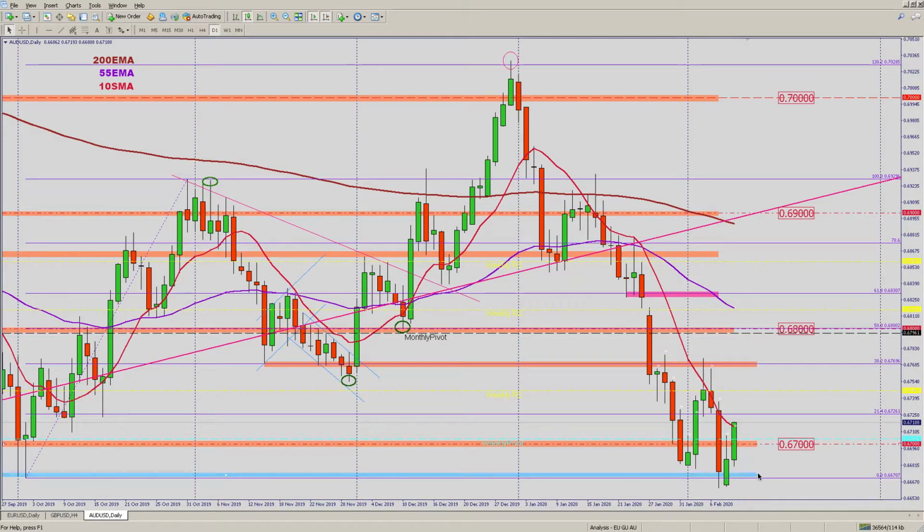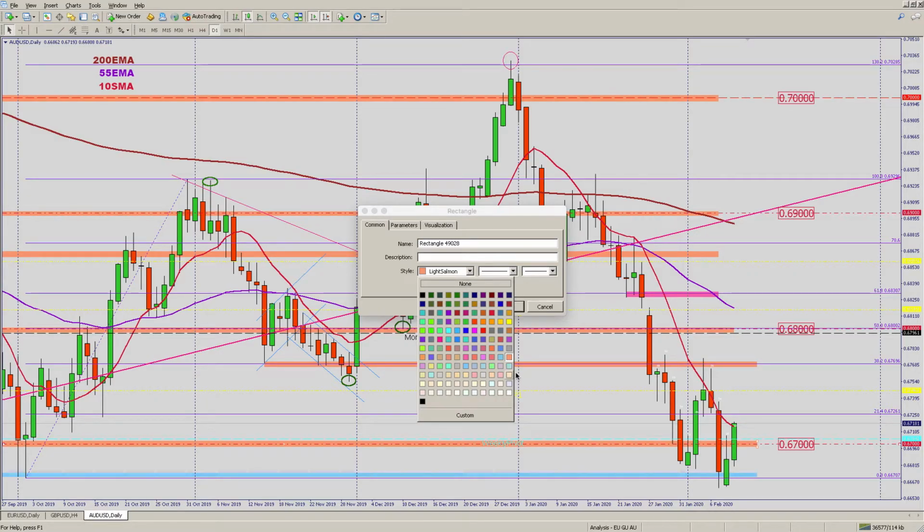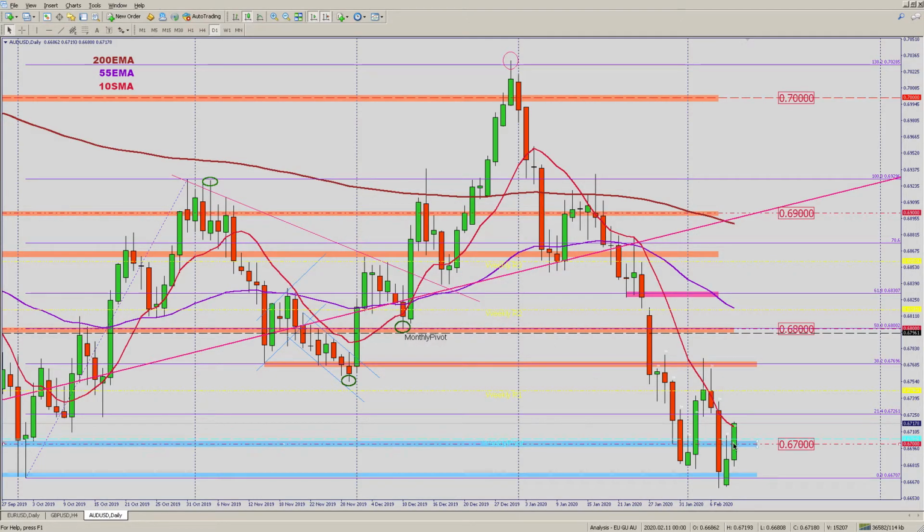Right, so for now, the key support is 0.6670, and the next support, if it holds, will be at 0.67. For now, let's change this to a potential support zone.